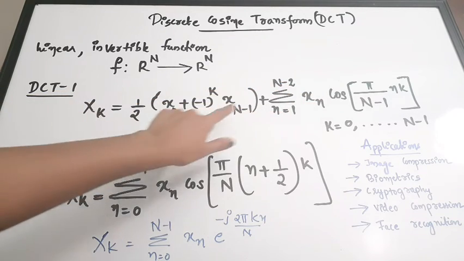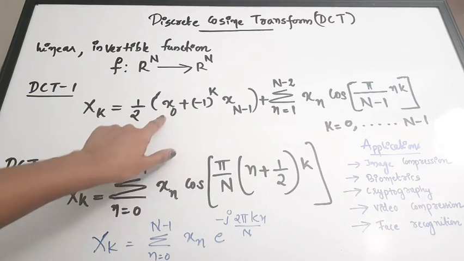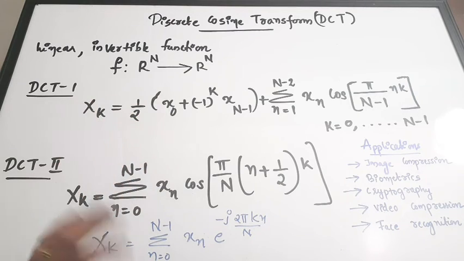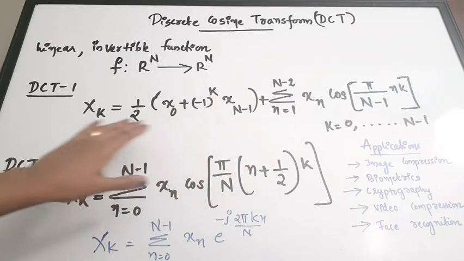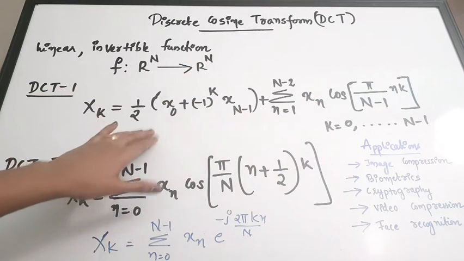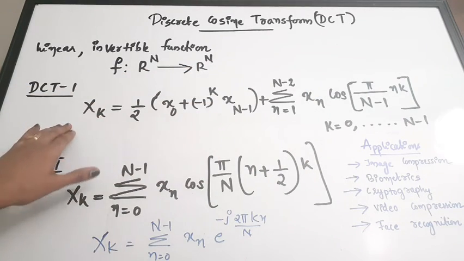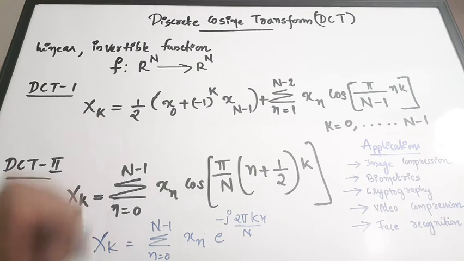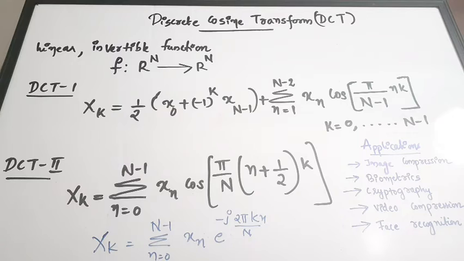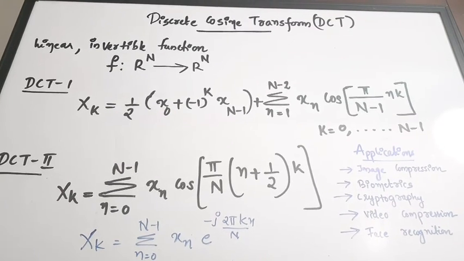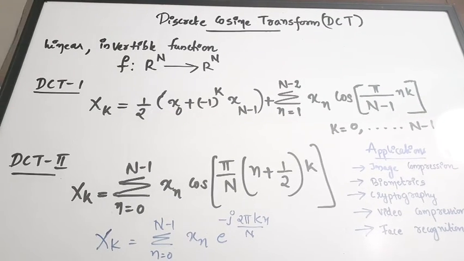Small letter x is representing your data points. These data points are given to this expression, and with its help you will get a DCT, capital X of k. And k also varies from 0 to capital N minus 1, where N is the length of your sequence. Okay, next. So this is the DCT1 expression.